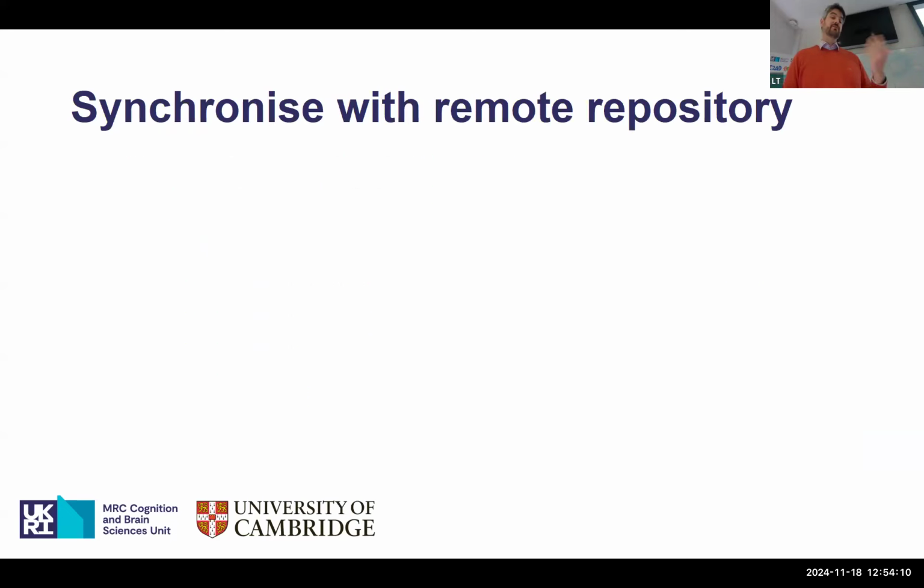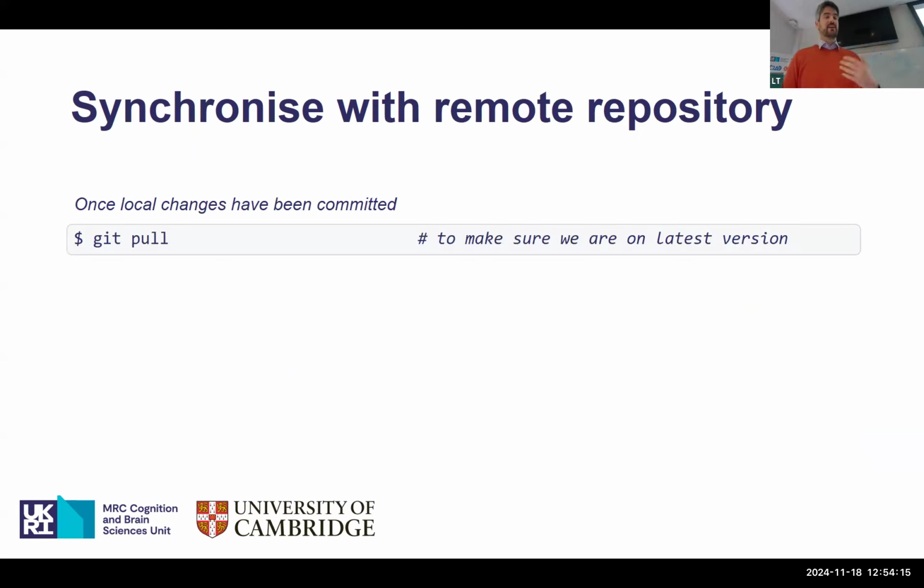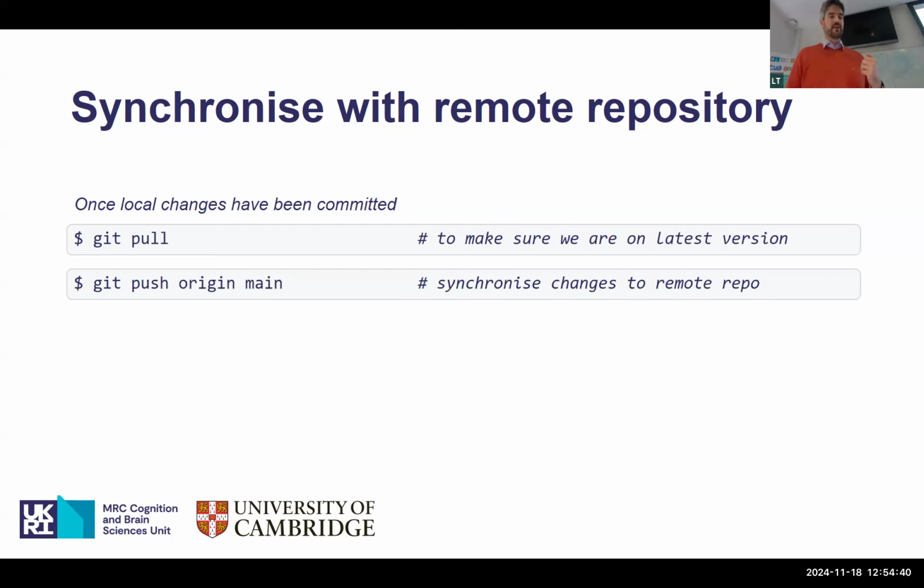And then how to synchronize it with the remote repository. Once the local changes have been committed, you can first say git pull. It's always a good idea to first check if someone else made changes to the code, because if you are saving or synchronizing your changes to a not up-to-date version of the code, there's going to be some conflicts, which can obviously be resolved very easily, but it's always a good idea to first pull and then you say push.